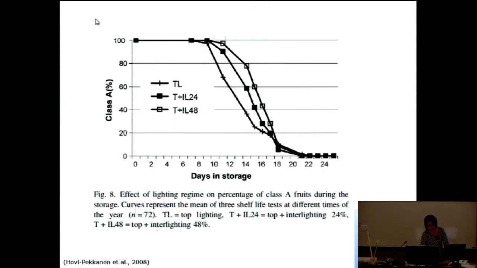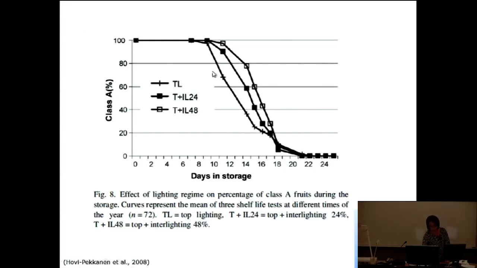Another interesting result they got was the shelf life of cucumber fruits harvested from those different lighting environments: top lighting, 24% interlighting, 48% interlighting. This is the days in storage and how much of the fruit sitting in storage is still considered class 1, the top, high quality, no shriveling or anything.